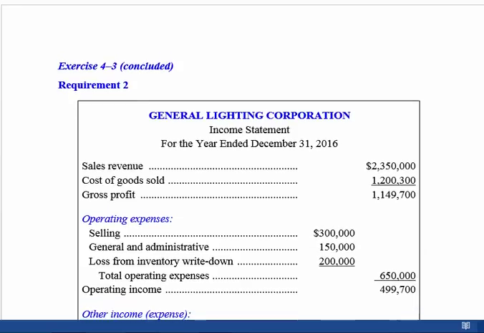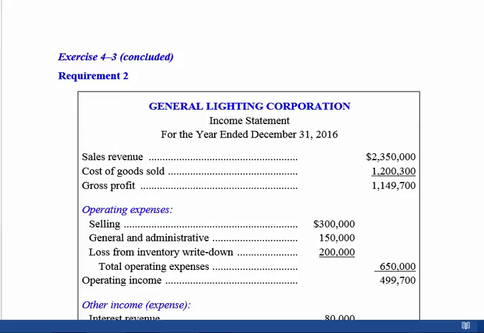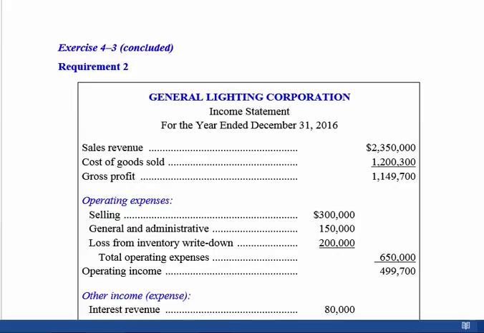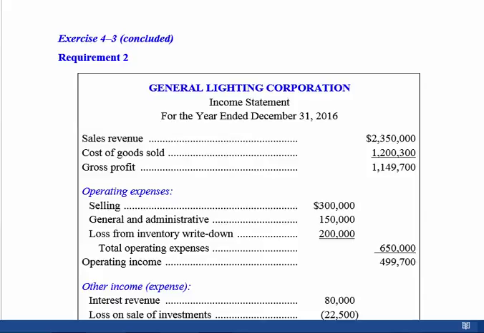Okay, then we'll list other income and other expense. Interest revenue would be included here, as would our loss on sale of investments. Selling investments is not a part of normal operations, but a write-down on obsolete inventory would be. I hope that makes sense.